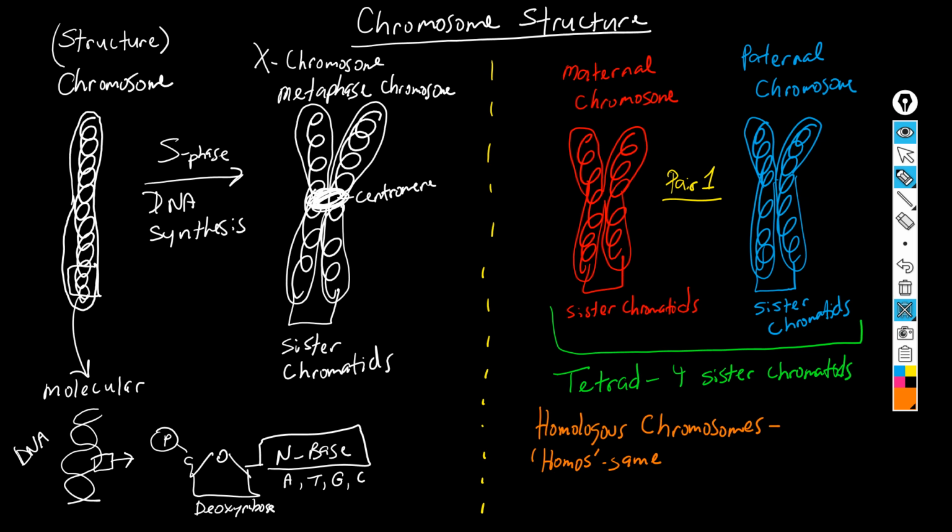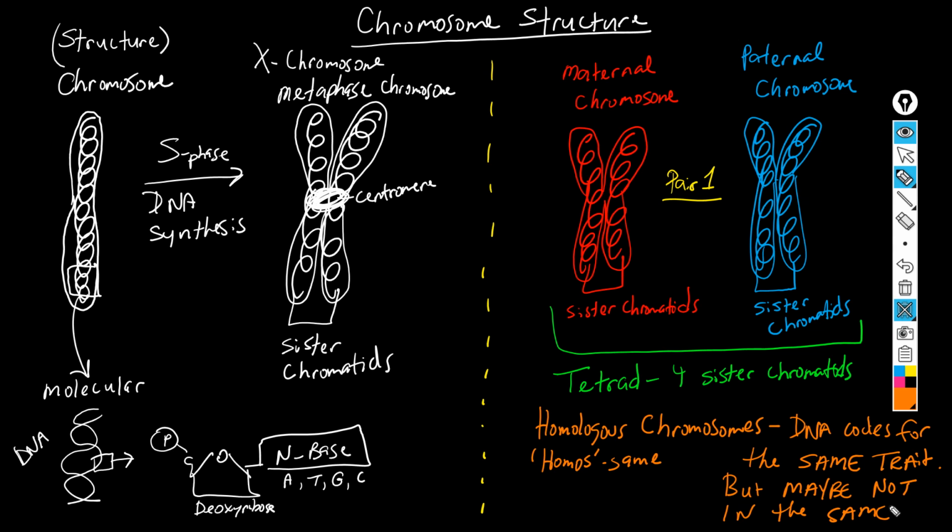So, what are we saying is the same about these chromosomes? In these chromosomes, the DNA codes for the same trait, but maybe not in the same way.